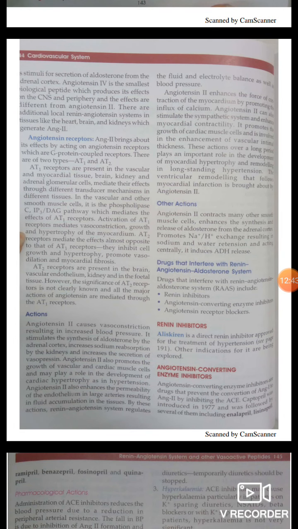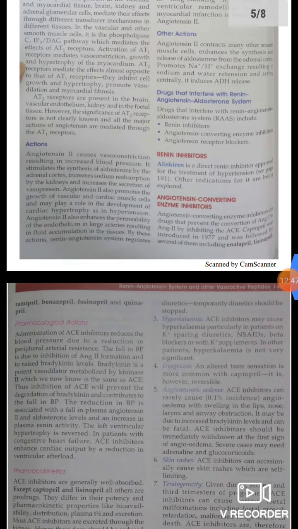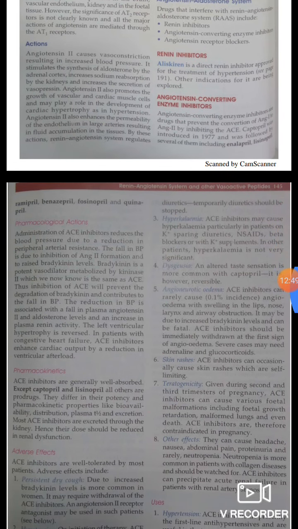So how will it act? Let's directly move towards pharmacological action. We have already discussed the mechanism, right? The angiotensinogen is converted into angiotensin 1, and this angiotensin 1 is converted into angiotensin 2.